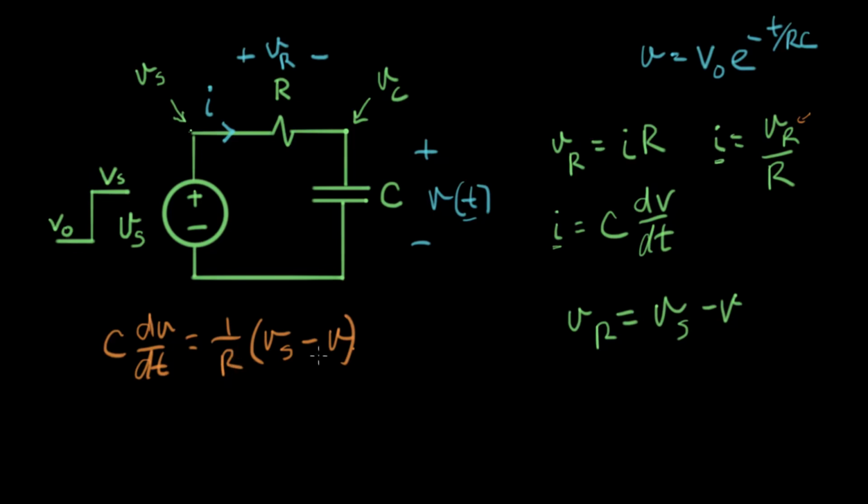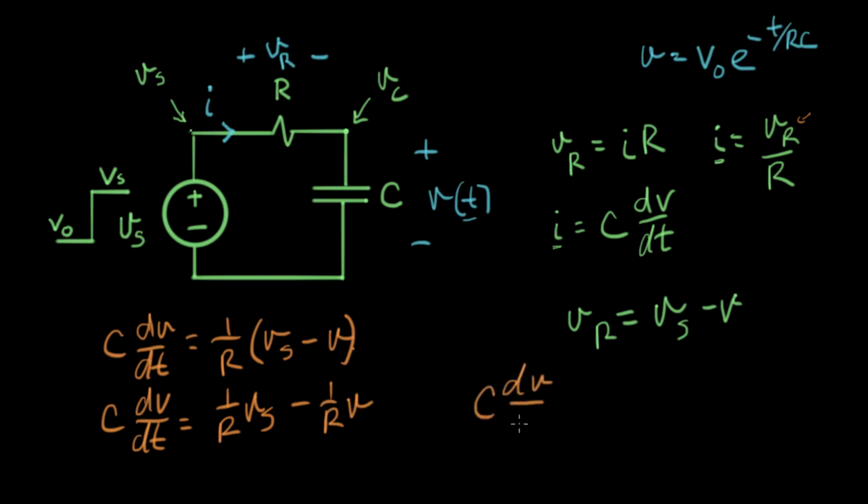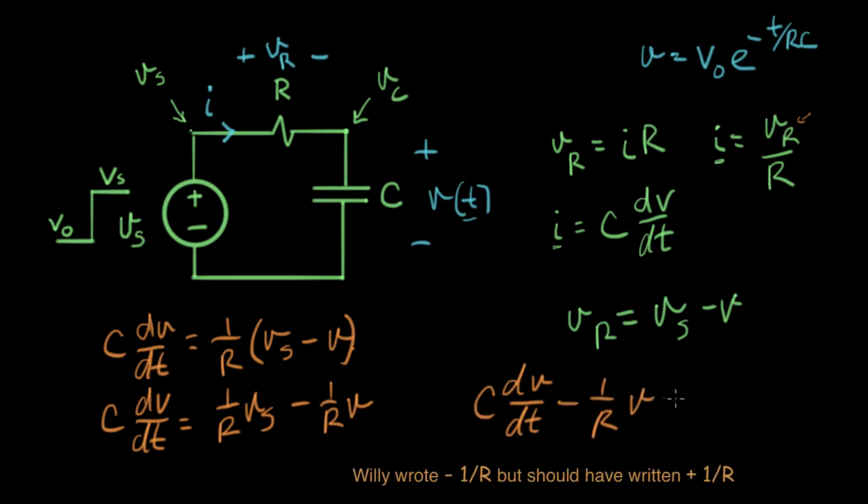Multiplying through by 1 over R, we get C dV dt equals 1 over R Vs minus 1 over R V, and we'll get C dV dt plus 1 over R times V equals Vs.